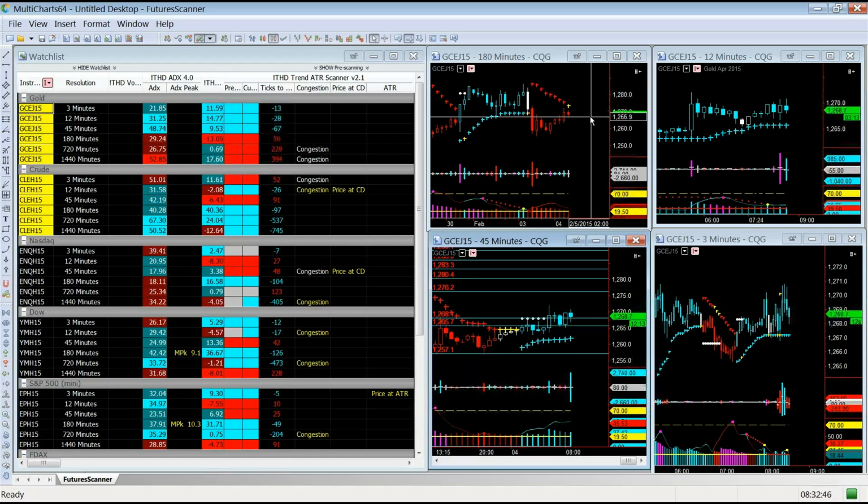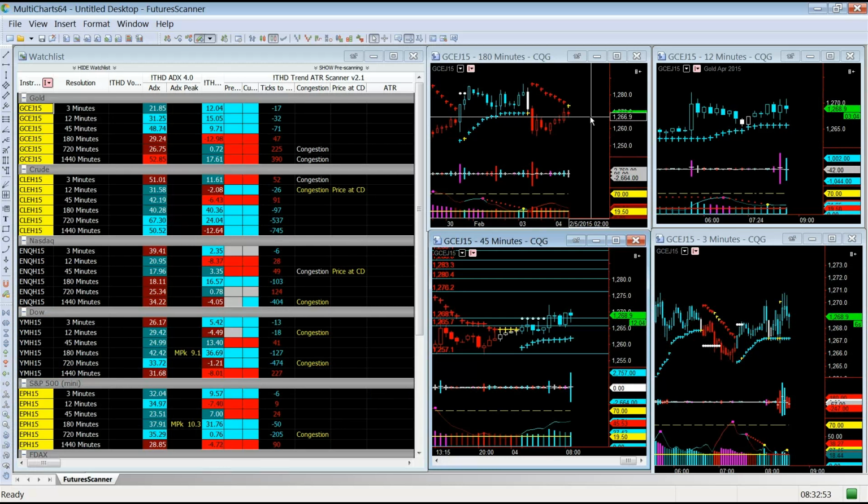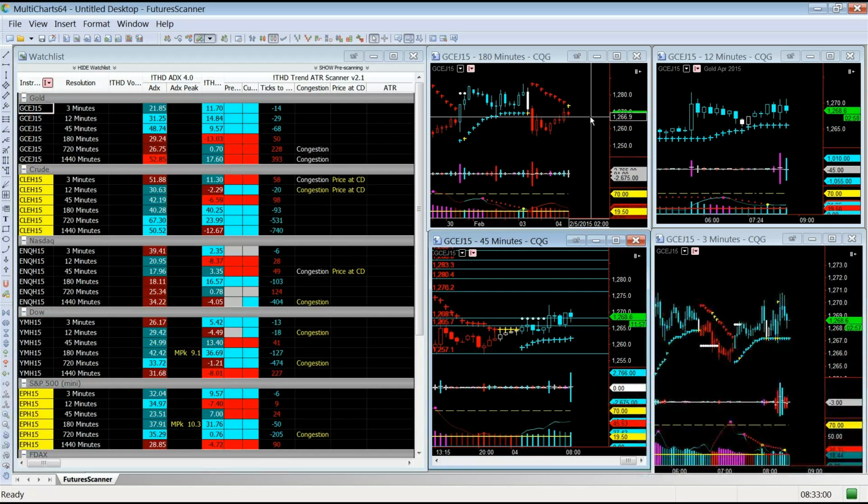I kind of knew we were going to have this $10 move, but most of the movement actually came after the close of the binary. That's when the pit closes, at 1:30, and theirs is based on the pit session. Time is a factor when you're trading binary options.